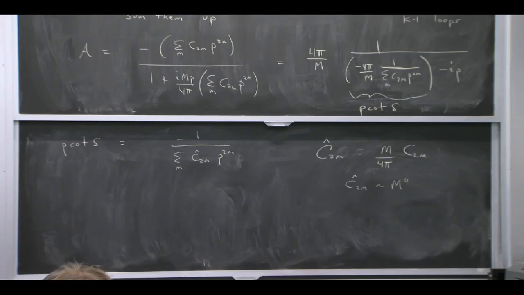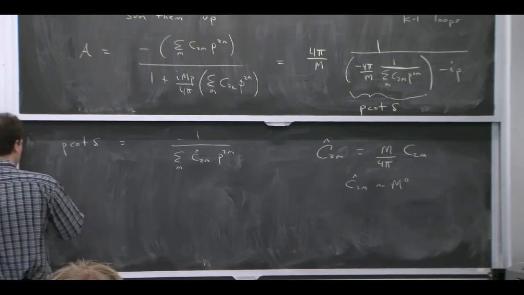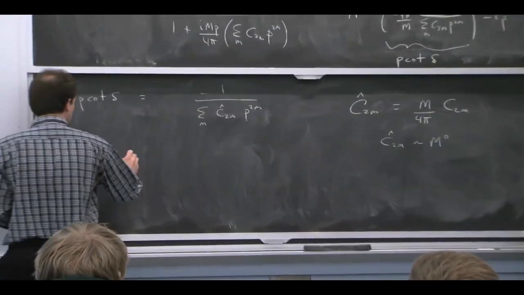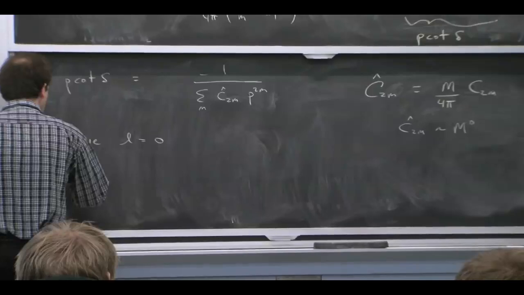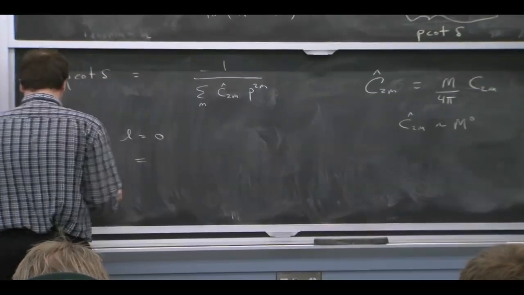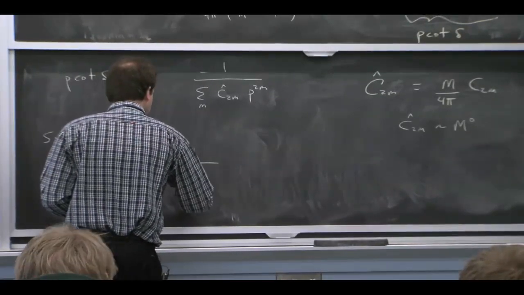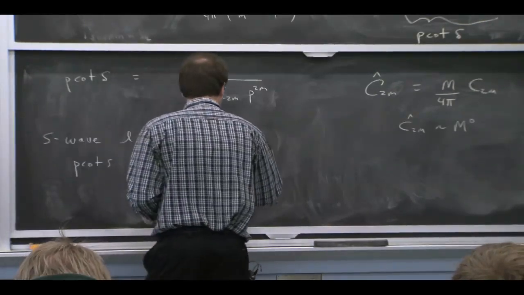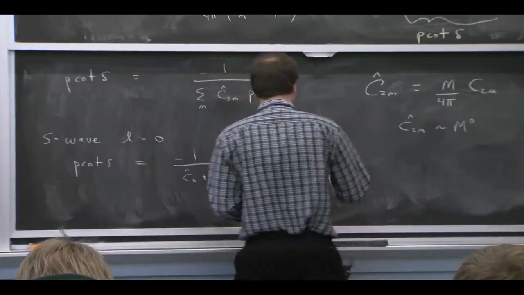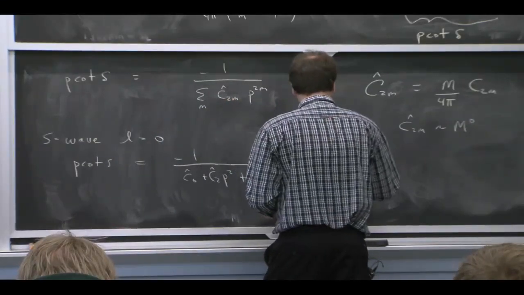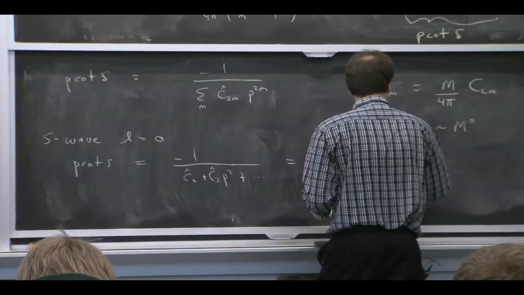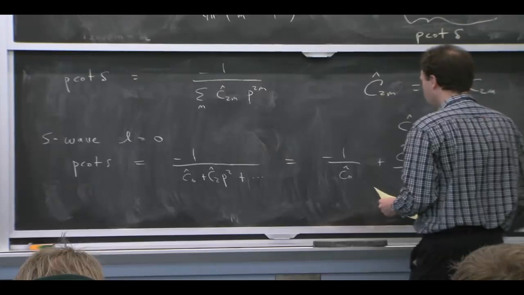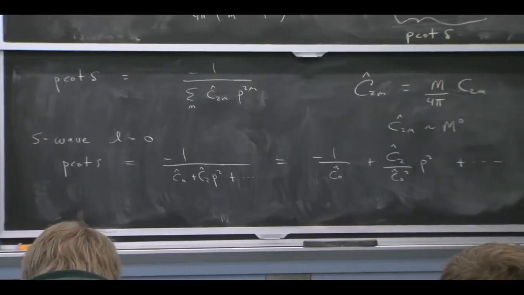So then you can look at different waves, and you can look at this formula, and doing 2 of them will show you how it works. So S wave is L equals 0. So that's something we can do a Taylor expansion in p.